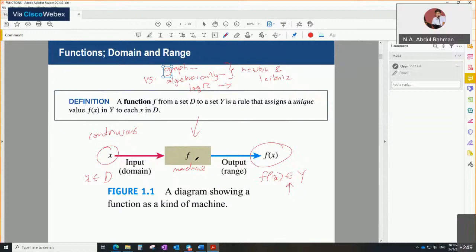You have linear functions, you have quadratic functions. But if you are seeing this as logic, it can be any function. The function can be your brain, or the function can be any sensor that can take an input and produce an output. So this is a diagram illustrating how the logic functions in the form of a machine.